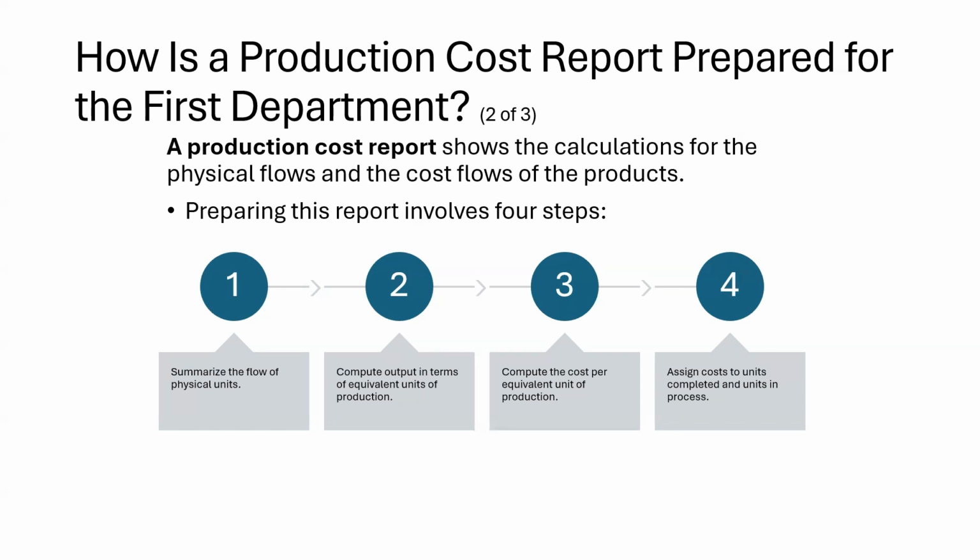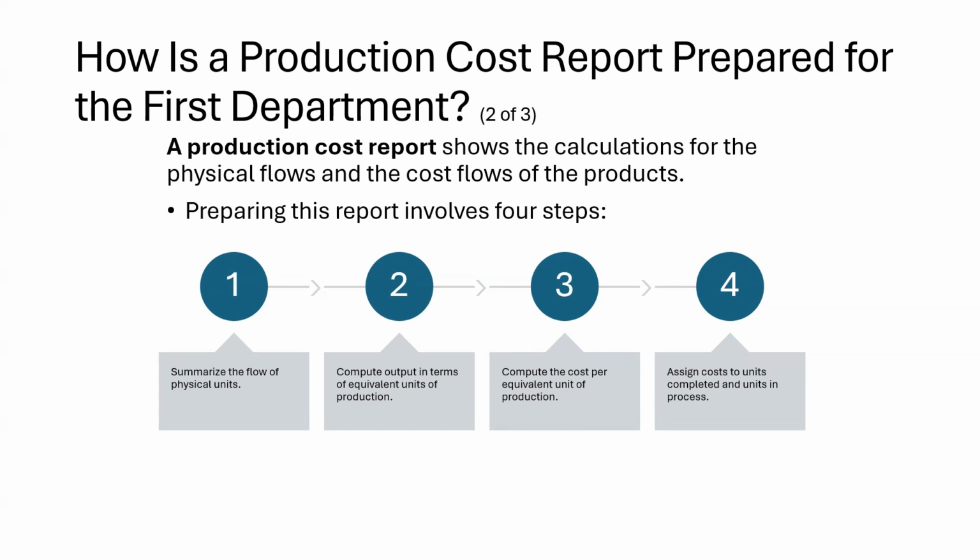A production cost report must be completed for each department. The production cost report shows the calculations for the physical flows and the cost flows of the products. There are 4 steps in preparing a production cost report. The first step is to summarize the flow of physical units.